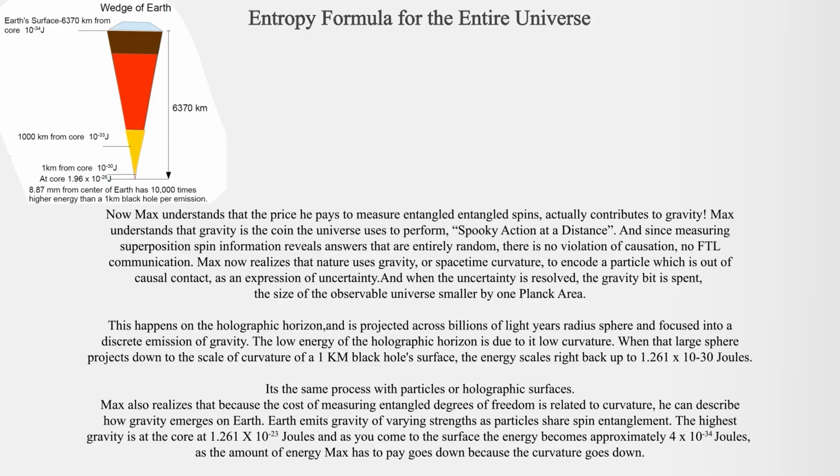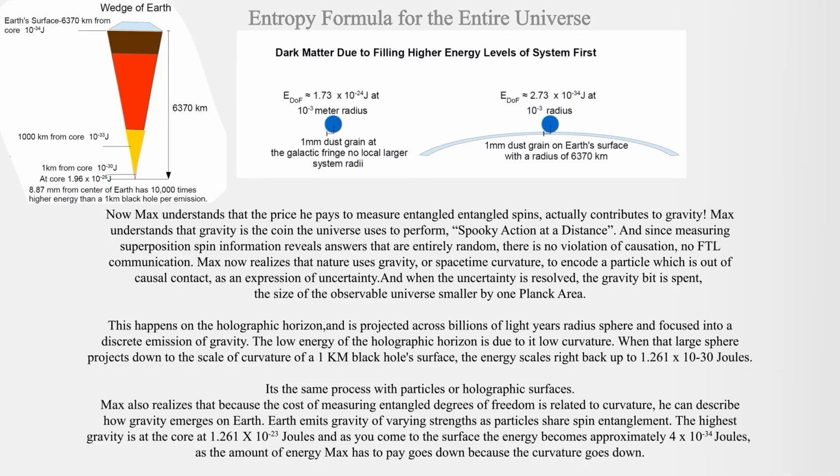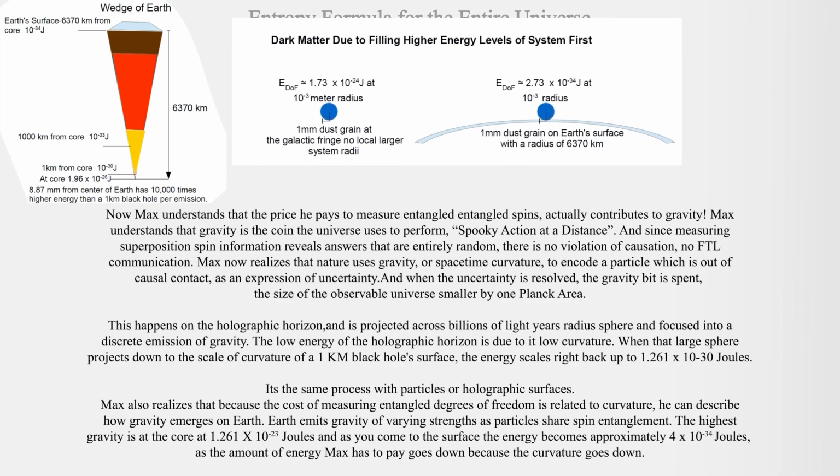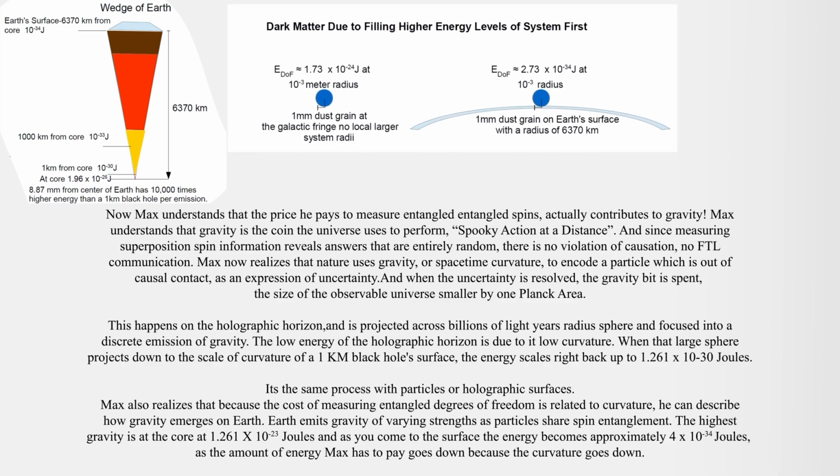And as you come closer to the surface, the energy drops because the curvature goes down. And when you get to the surface of the planet, you get about 4 times 10 to the negative 34 joules per gravity emission. So as curvature goes down, the amount of energy Max has to pay to resolve spin states also goes down.